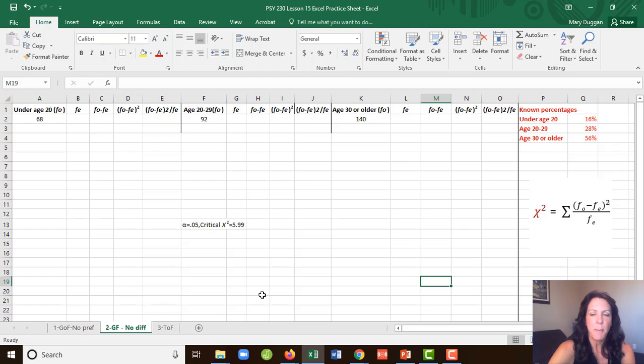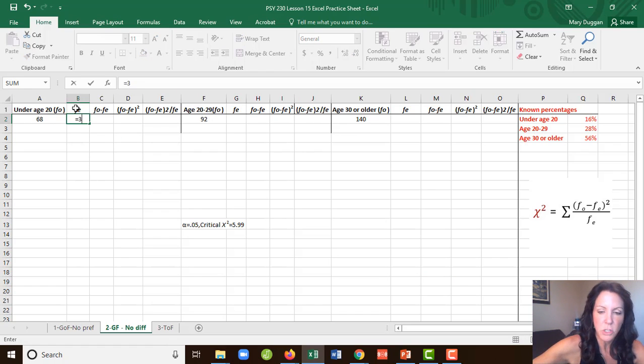So this is an example of a no difference hypothesis where we have to figure out the expected frequencies based on these percentages. And so what we need to do is figure out the total n for our study first, which is 300 if you add up 68 plus 92 plus 140. So my expected frequency for the first group is going to be that total n of 300 times the percent that is in the first group, 16% in the population.